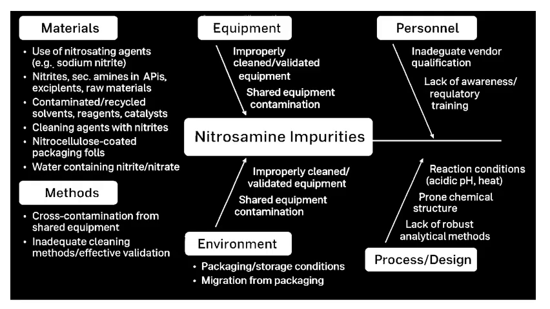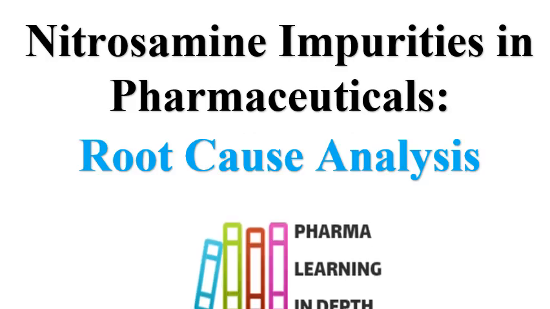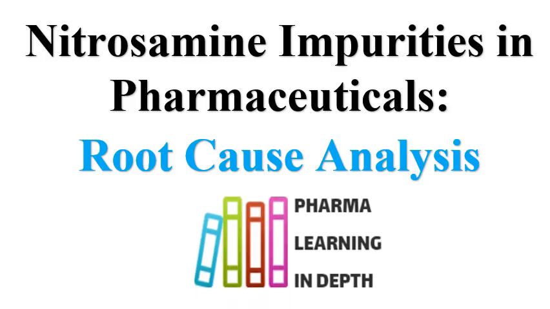Process design: reaction conditions at acidic pH, high temperature conditions, heat conditions, and prone chemical structure may lead to nitrosamine introduction. Lack of robust analytical methods may lead to formation of the nitrosamines. This was the information regarding the root cause analysis for the nitrosamine impurity origin in the pharmaceuticals.